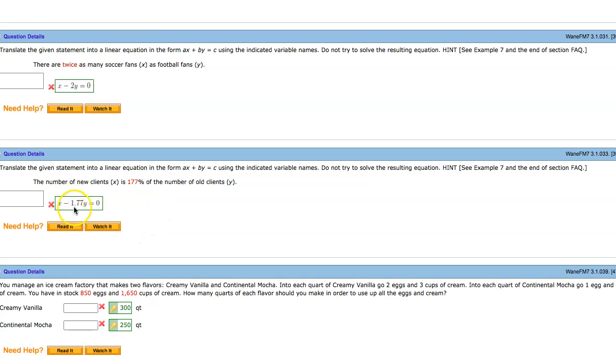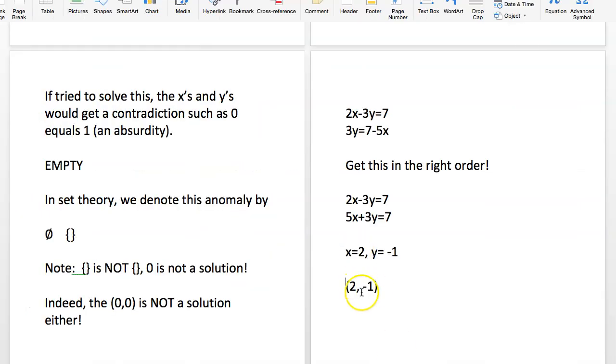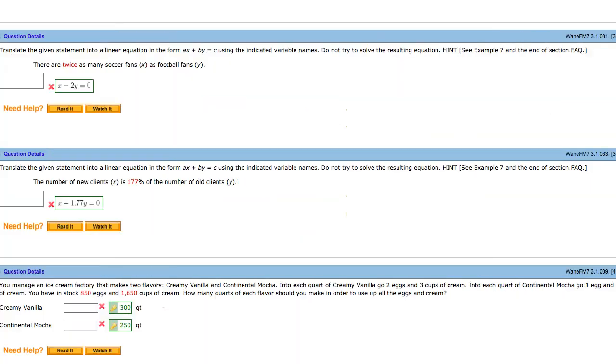But you subtract 1.77Y over, and you get X minus 1.77Y equals 0. What's going on there is X is 177% of Y, so X equals 1.77Y, but you subtract over. They're asking you for general form, and they want the general form like that.